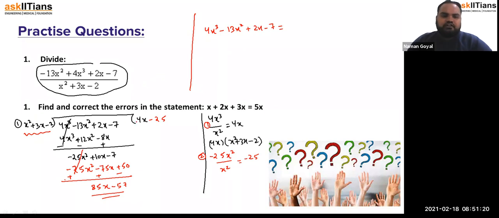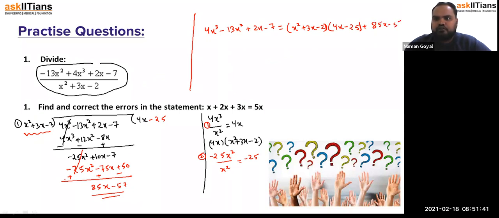Product of divisor into quotient. So it will be x square plus 3x minus 2 into 4x minus 25 plus remainder, and remainder is what? 85x minus 57.